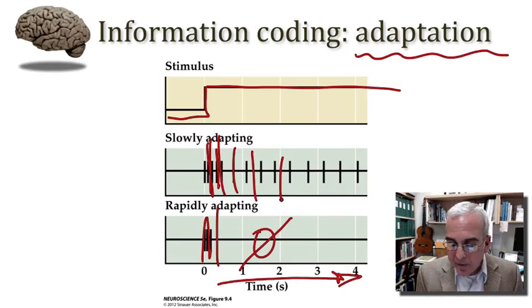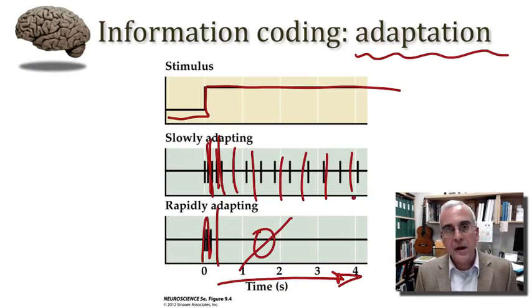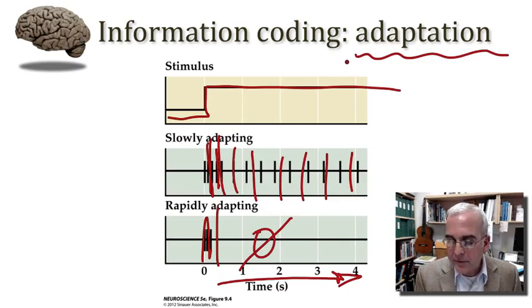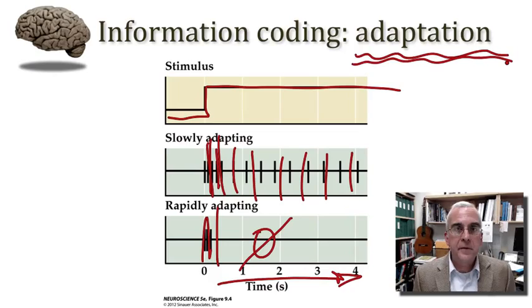Others continue to fire, perhaps with some regularity, but often at a diminished rate to the abrupt onset of that stimulus. So these are examples of what we call adaptation. And adaptation can happen very quickly and dramatically, or it can occur more slowly and to a less significant extent.